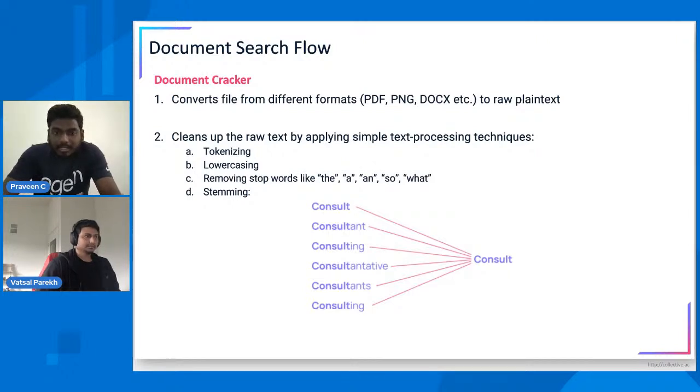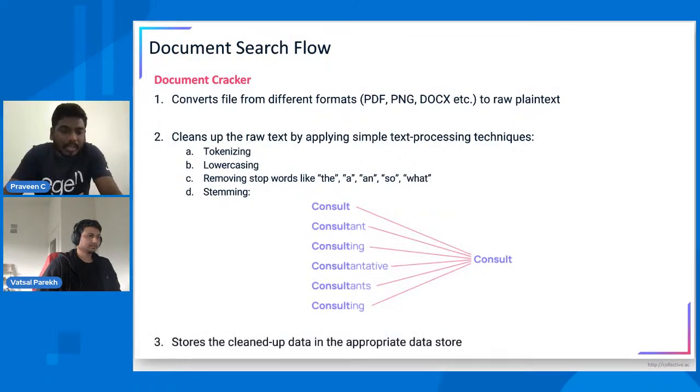For example, "consultant" and "consulting" are both stripped down and stored as the root word "consult". Whatever the user has in the document is converted into its root word and stored in the data store. This should also be handled.